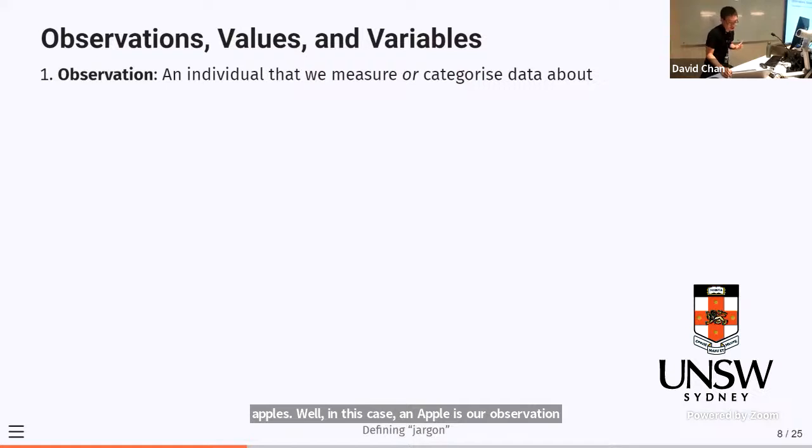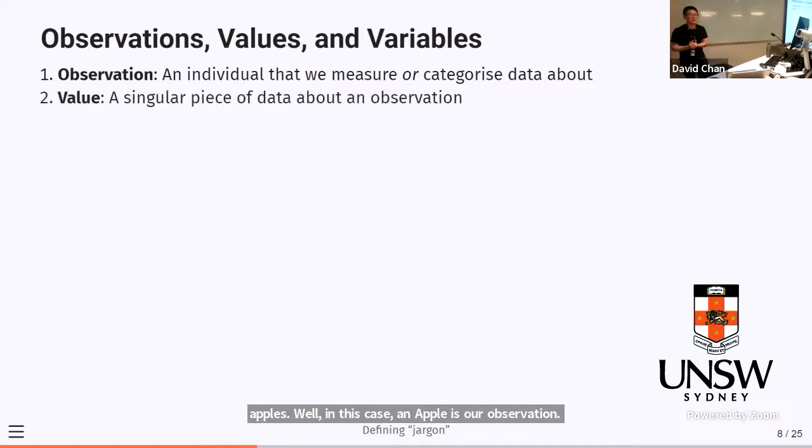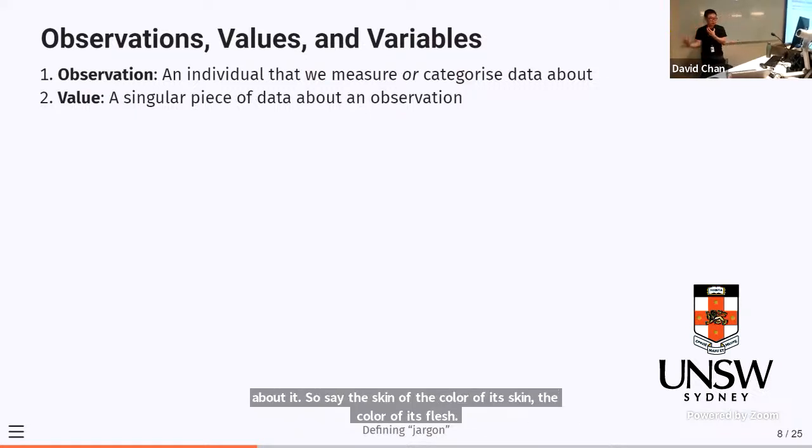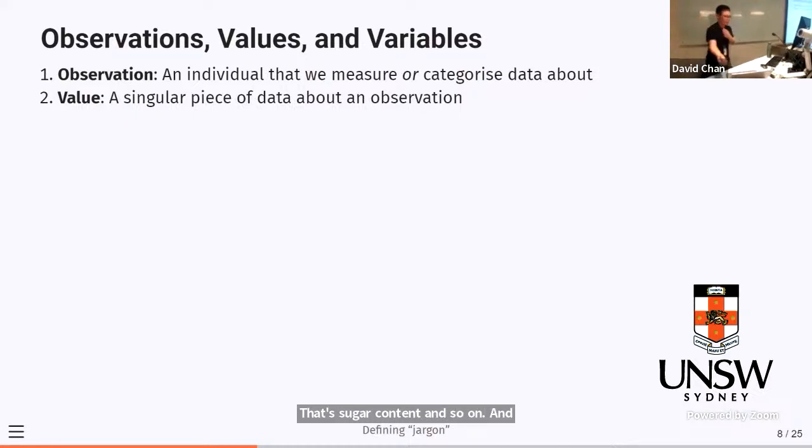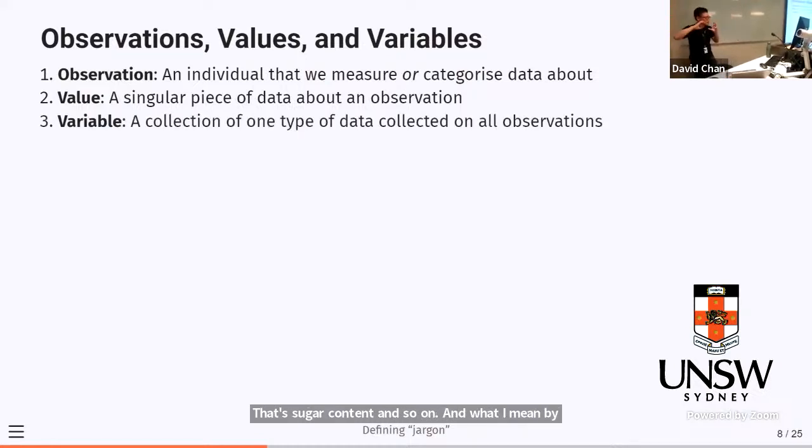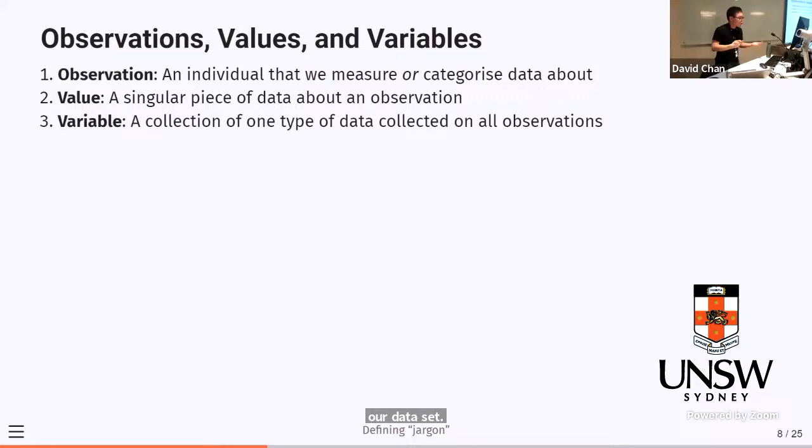And from this observation, we can measure some values about it, say the color of its skin, the color of its flesh, its sugar content, and so on. What I mean by variable is a collection of one specific type of data collected on all observations in our data set, the set of all observations we collected for a study. So a variable in this case would be the color of the skin of our apples, or it could be the sugar content of our apples.